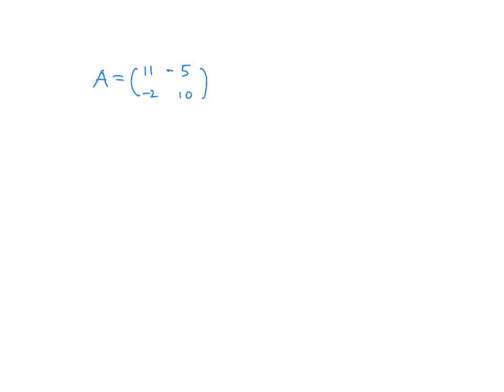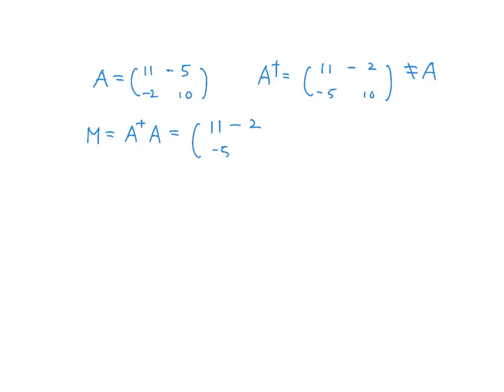So what is A dagger? (11, minus 2; minus 5, 10), right? So obviously, it is not A. How about M, A dagger A? (11, minus 2; minus 5, 10) times (11, minus 5; minus 2, 10).